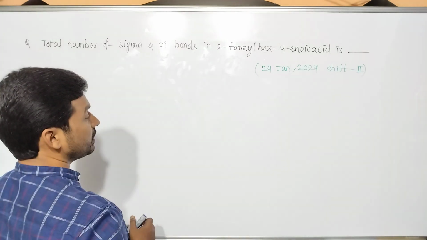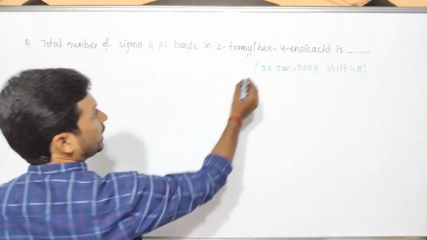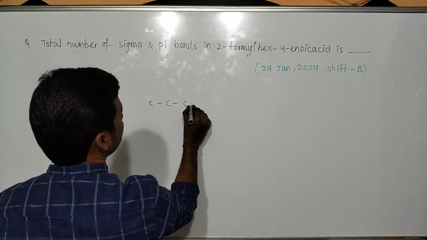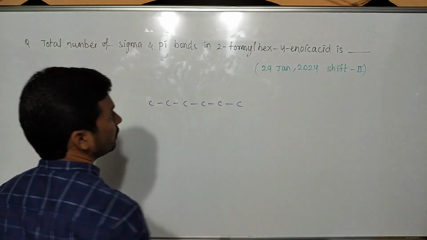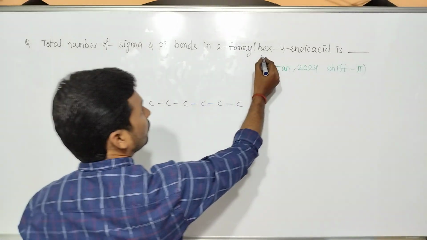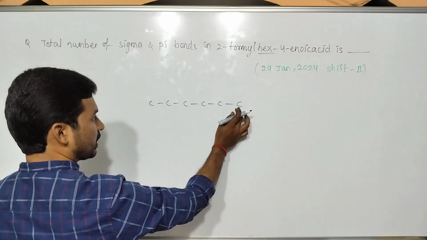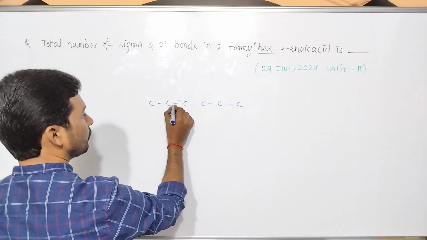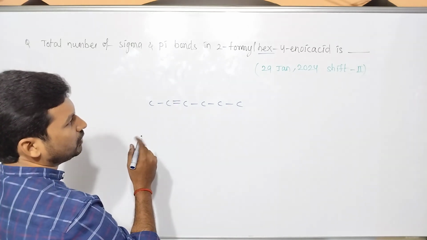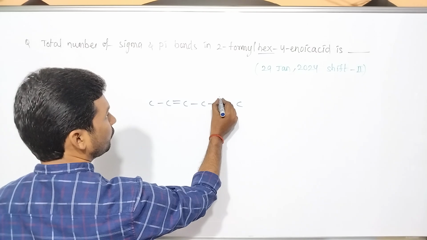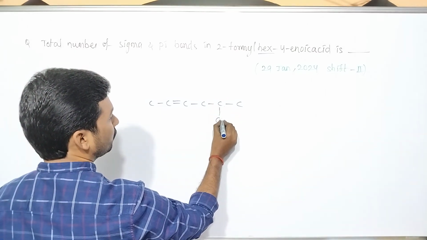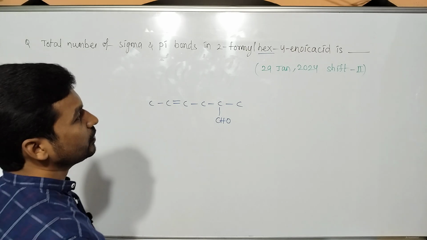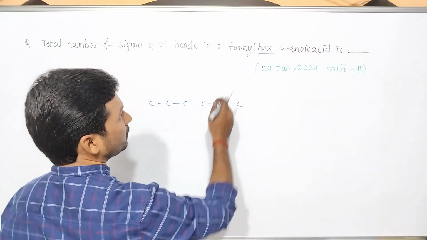How do we write the structure? Root word hex, 1, 2, 3, 4, 5, 6 carbon atoms, hex-4-ene. If I consider from right to left, 1, 2, 3, 4, 4-ene. 2-formyl: second position formyl. Formyl means CHO functional group. 2-formyl, 4-enoic acid.